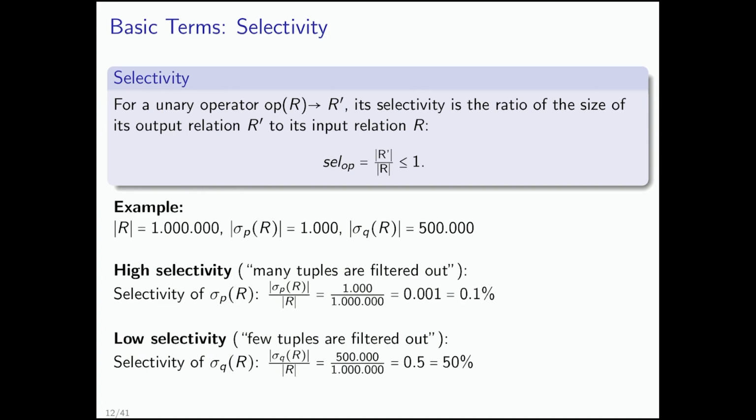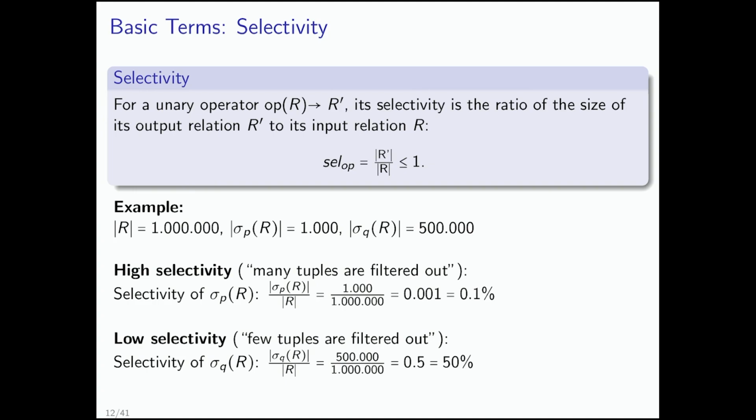The other way around is low selectivity. Few tuples are filtered out, so here only half of the tuples are discarded, and the other half of the tuples is part of the output. That is called low selectivity. Where low ends and high starts is in the eye of the user.